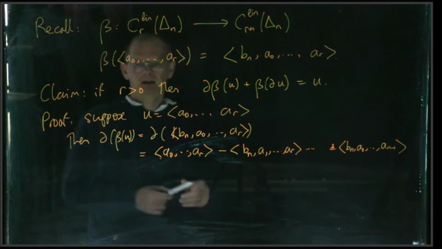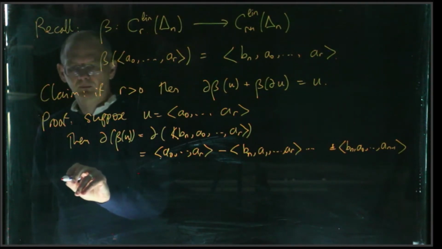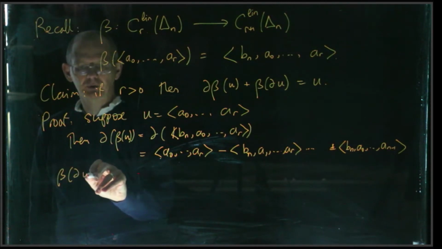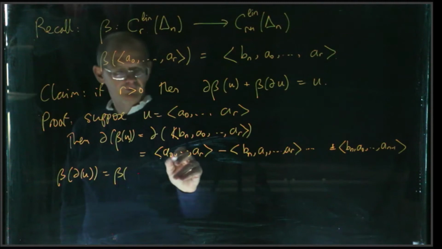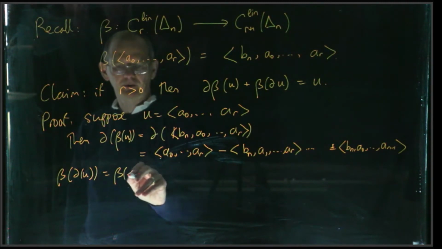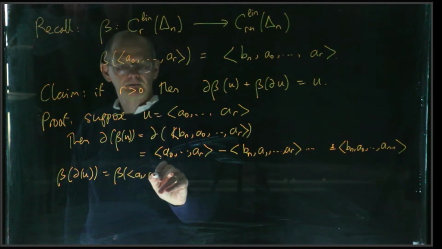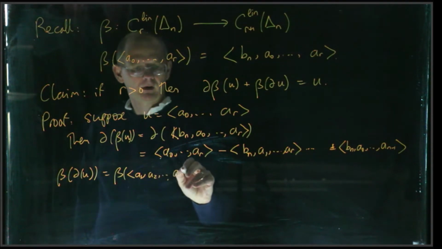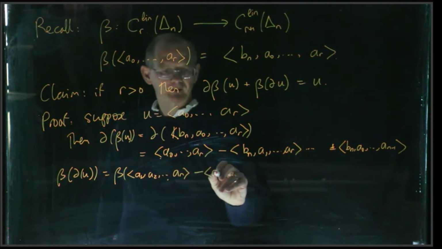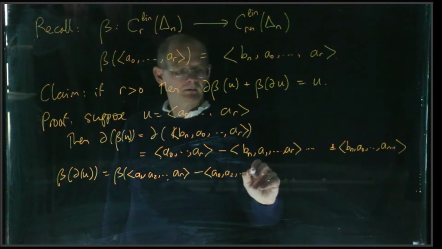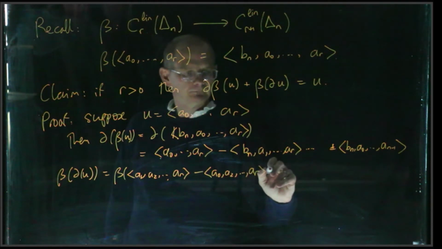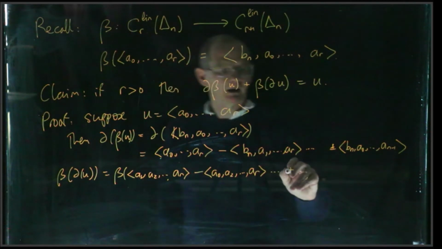On the other hand, if we do beta of du, so that's beta of what now? Here we omit the A0, so you get A1. Then you get minus the thing with the A1 omitted. And then the last term.